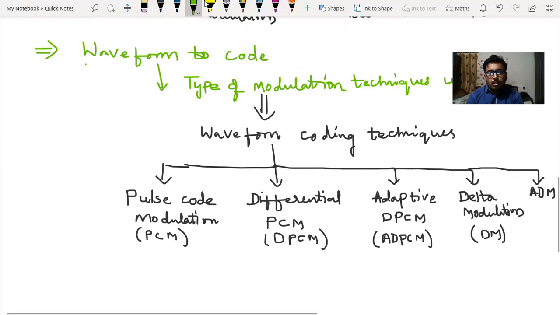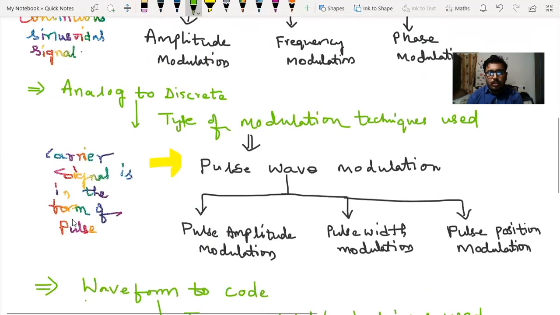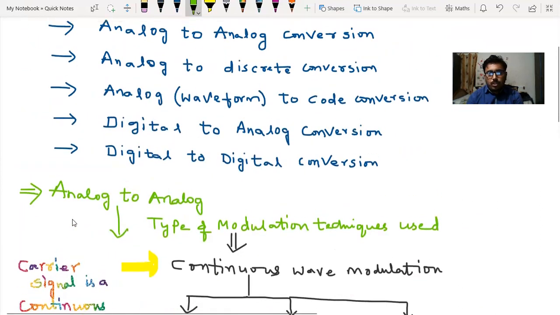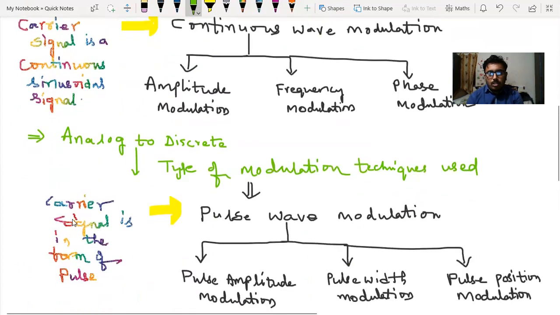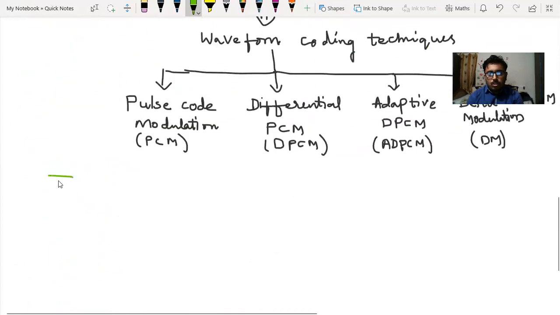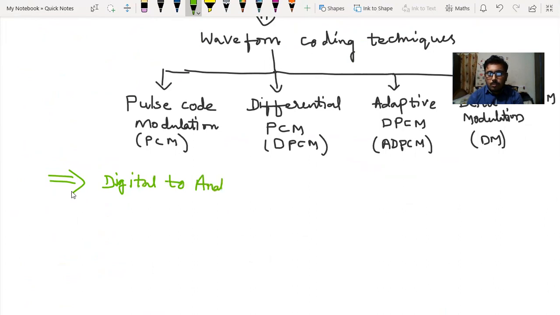So the next thing we can see regarding the next conversion we use here, that is digital to analog. In these digital to analog techniques, the conversions that are going to be used are passband modulation techniques.